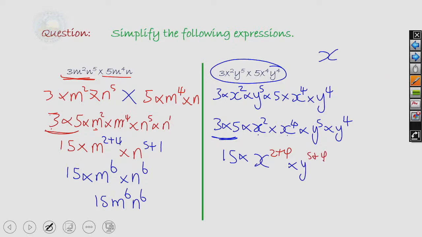Which therefore gives us 15 multiplied by x to the 2 plus 4, which is 6, by y to the 5 plus 4, which is 9. Giving me here 15 x to the 6 y to the 9 power.